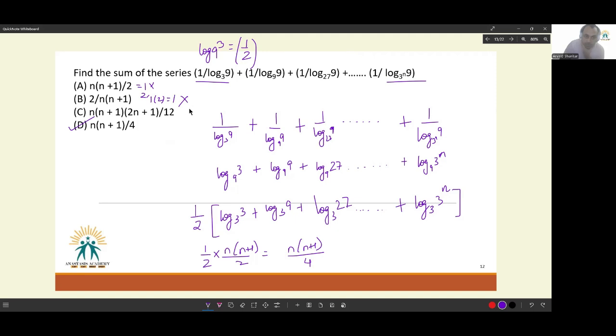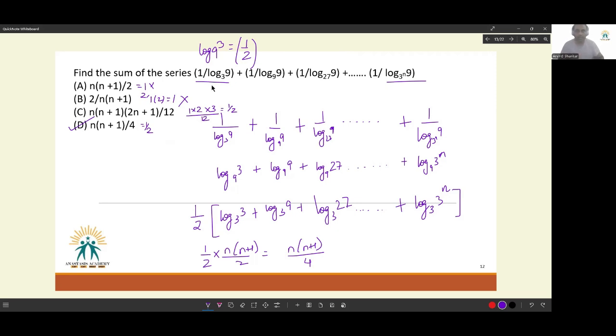Option C, I have 1 into 2 into 3 divided by 12. Ooh, this does give me half. And n into n plus 1 by 4, this also gives me half. So this is very serious. Option C and option D, both of them are giving us half. We know that these two survive.